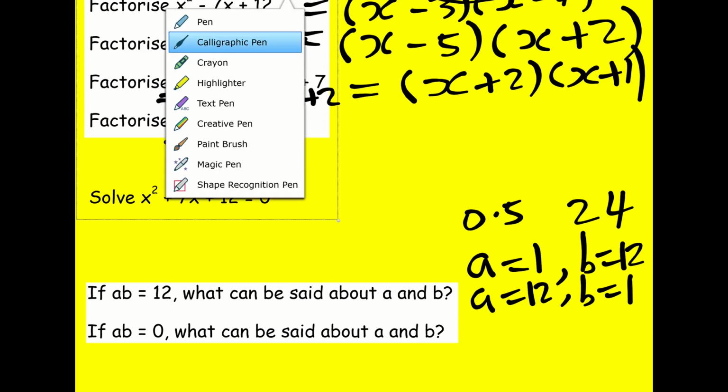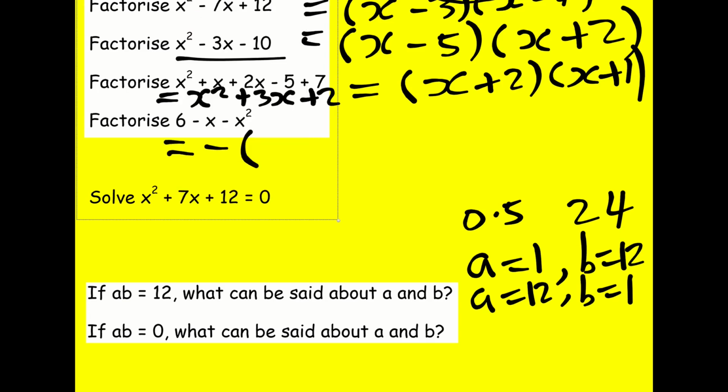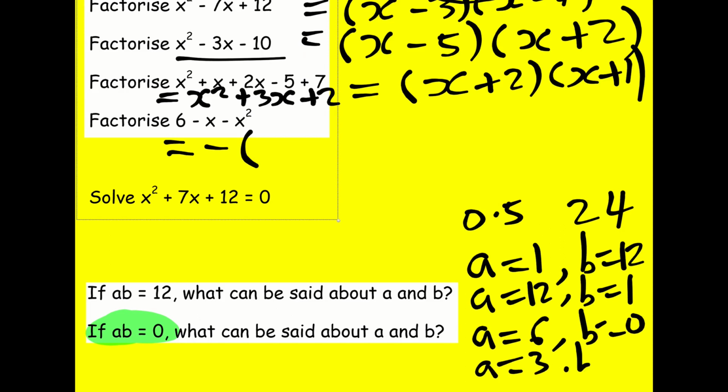However, we're now going to look at if a multiplied by b were equal to 0. What would happen in that case? Well, you could have a equal to 6, but then b would have to be 0. You could have a equal to 3, but b would have to be 0. You could have b equal to 1, but then a would have to be 0.